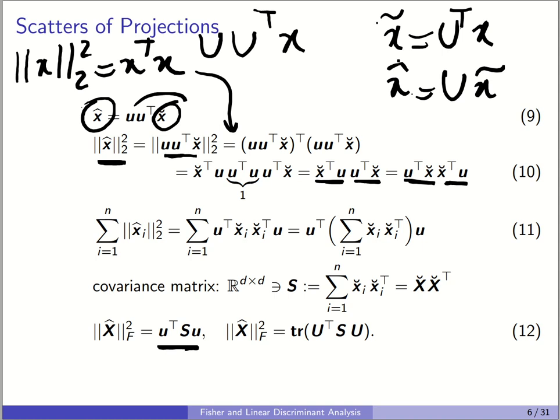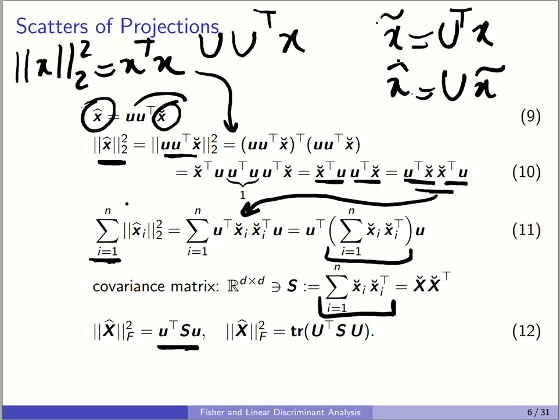And what is this? Let's assume we put some summation over n data points here. As U is not a function of i, it can come out of the sigma. And what is this? This is the covariance matrix.